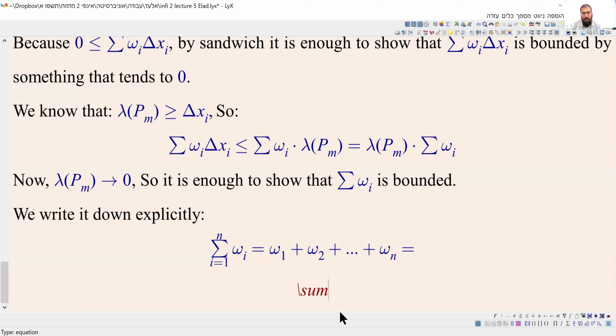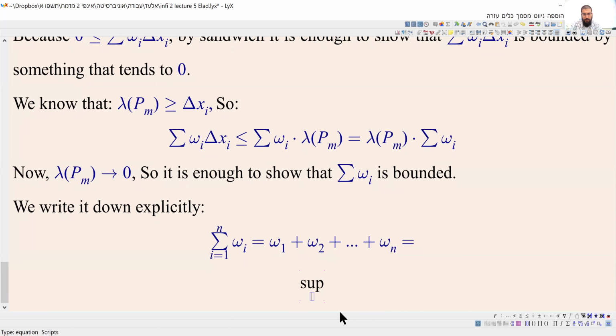We have the sup of f in x0, x1 minus the inf of f in x0, x1. That's one omega.